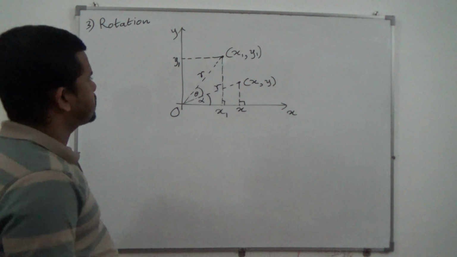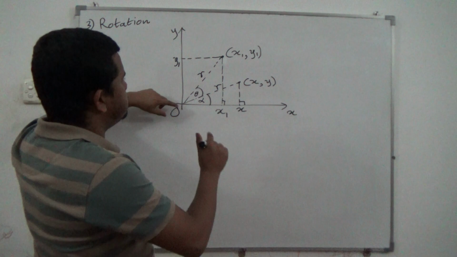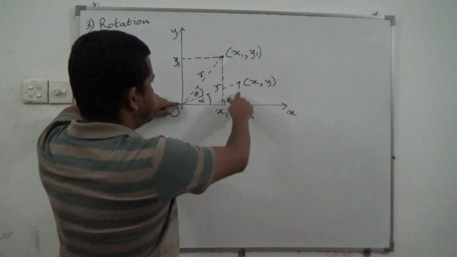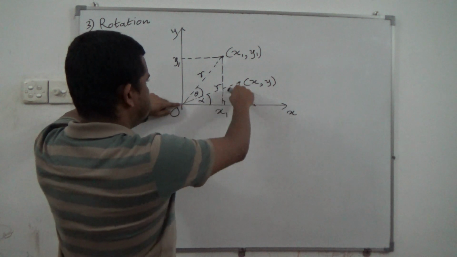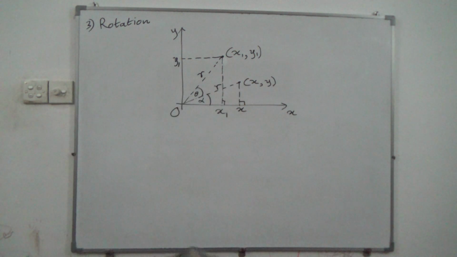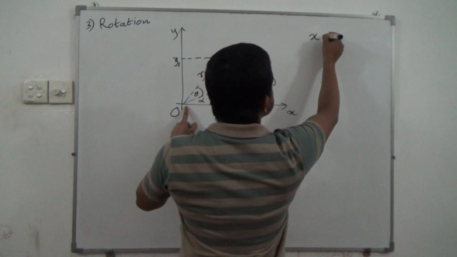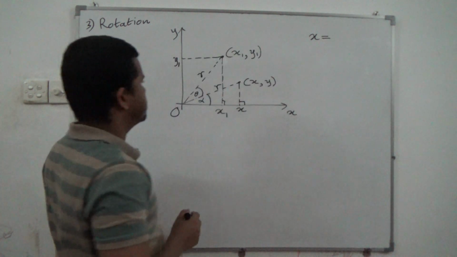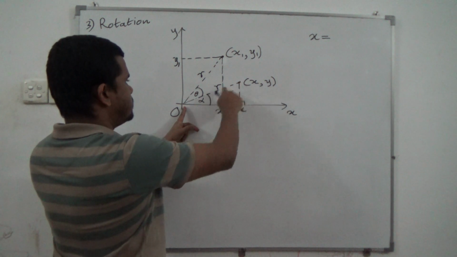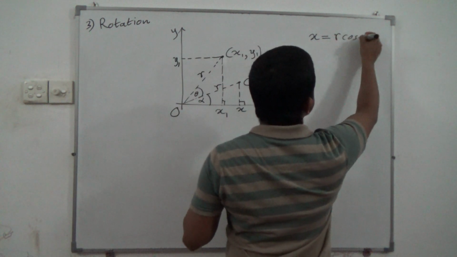Now we know, consider this triangle. There, this length is x, so this length is r cos alpha.